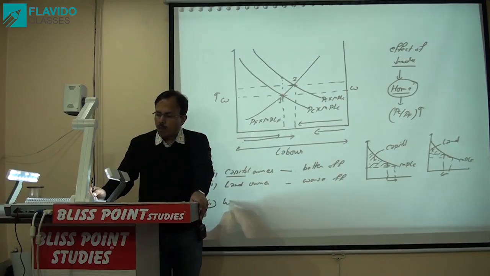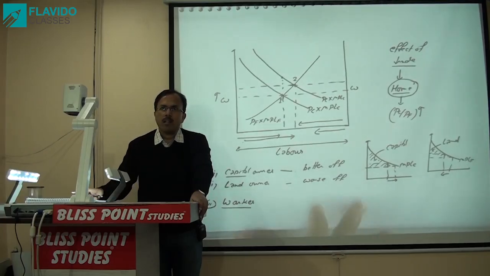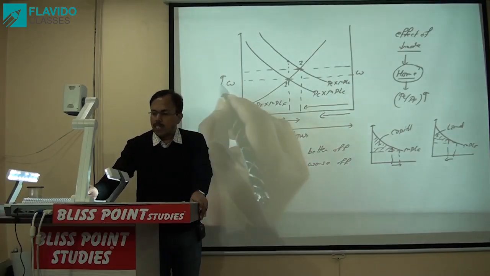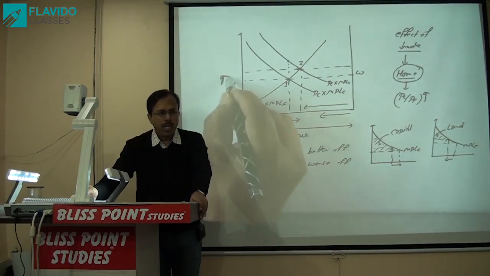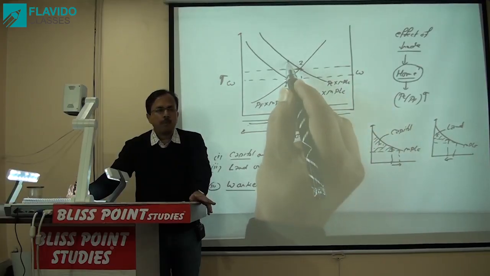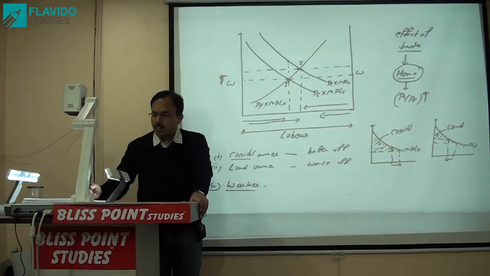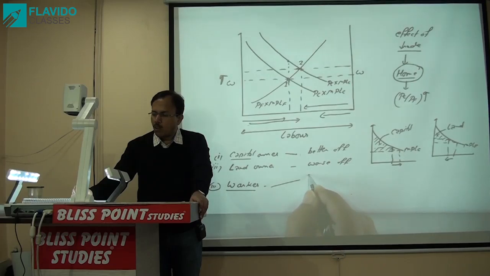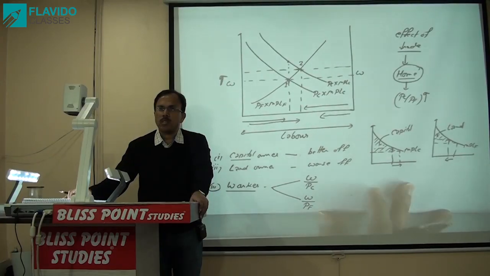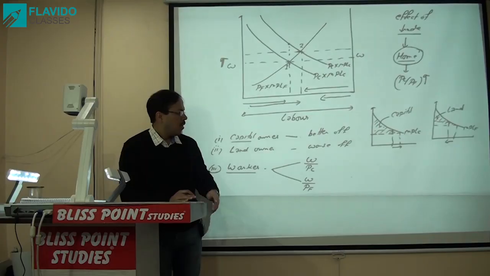Point is, what will be the effect on the worker? Worker is the mobile factor. Now what is the effect on the worker's real wage? उसका wage क्या हो रहा है? बड़ा है. In both industries it will increase, but it will not increase by the same proportion as price. So for the worker, one is wage relative to price of cloth, and the other is wage relative to price of food. One by one करके बताएंगे.